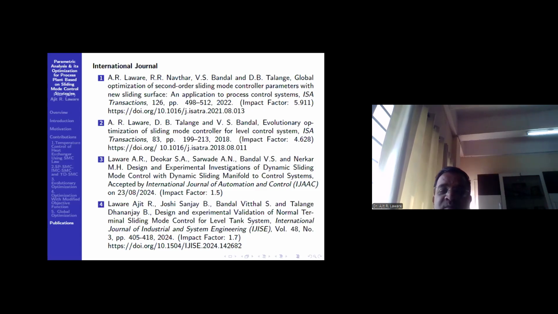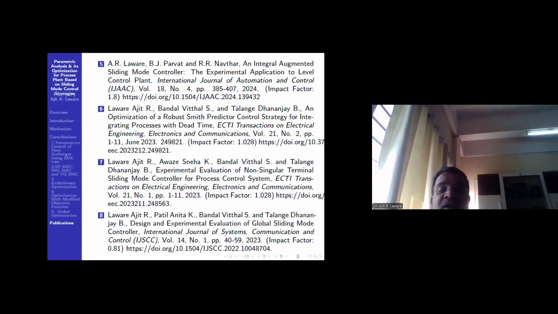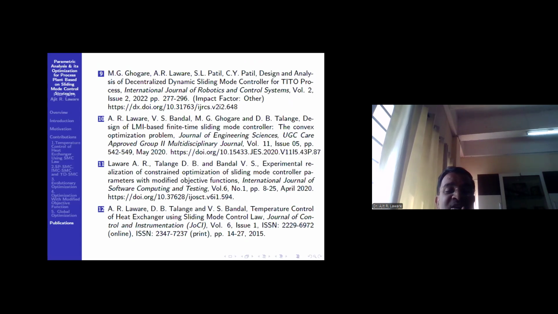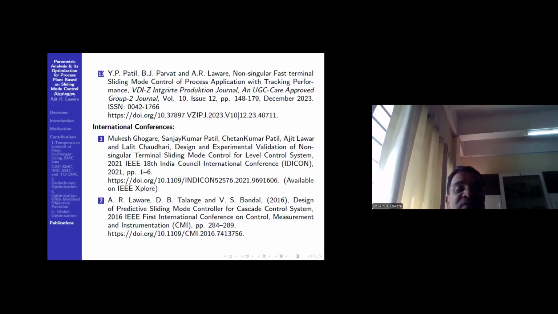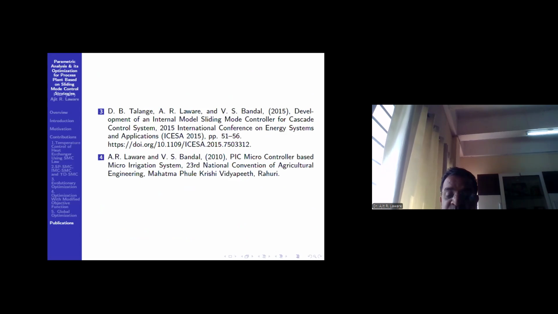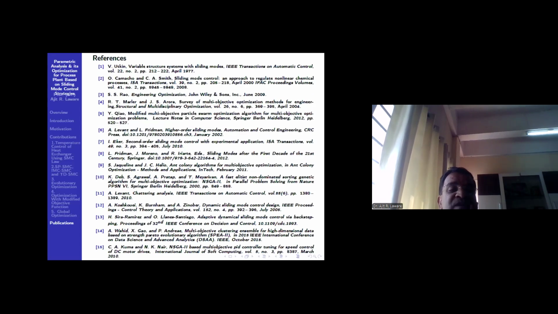Then normal terminal sliding mode, integral augmented optimization of robust Smith predictor control strategy, non-singular terminal sliding, global sliding, decentralized dynamic sliding, LMI based finite time sliding mode controller, then experimental constrained optimization of sliding mode controller with the modified objective function, and temperature control. These are the only 4 conference publications. So I have mentioned selected publications here.